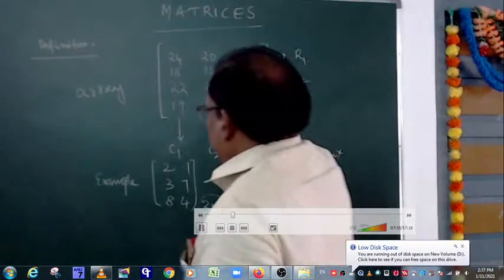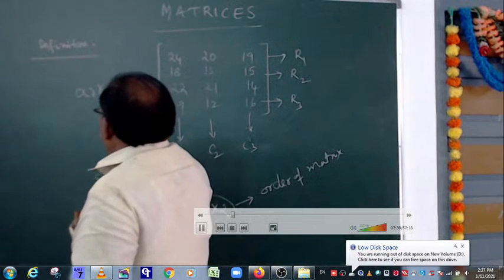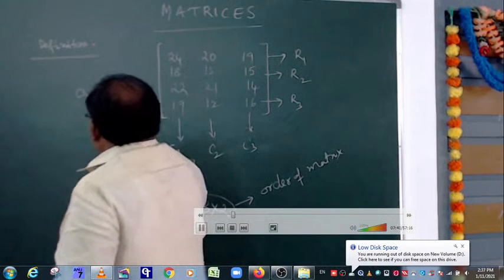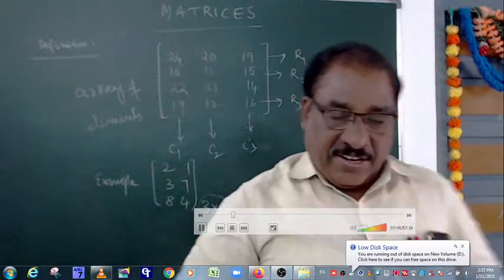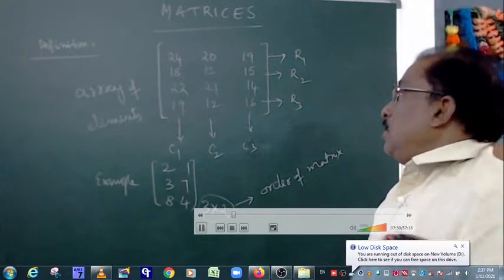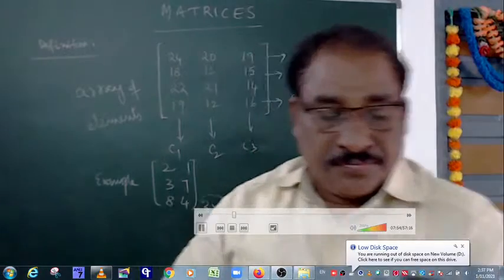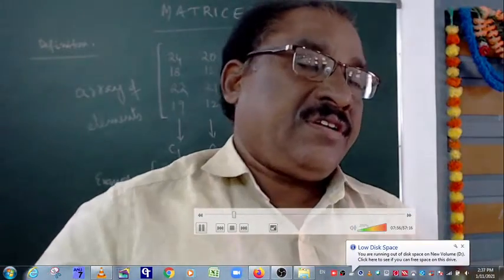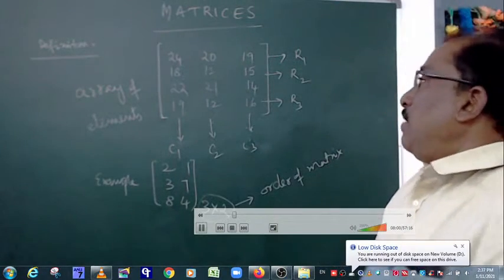The numbers are called the elements of the matrix. What is the meaning of array? Array is nothing but arrangement. So the definition of a matrix is an ordered rectangular array of elements.